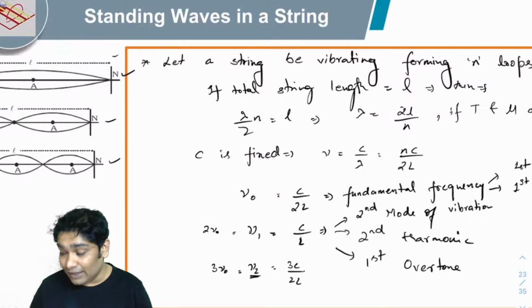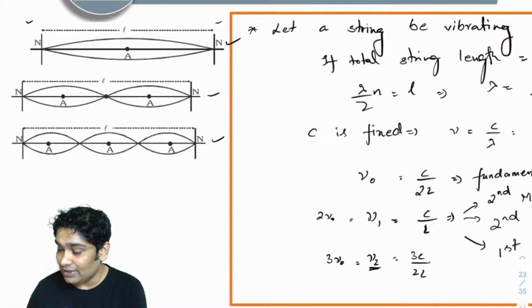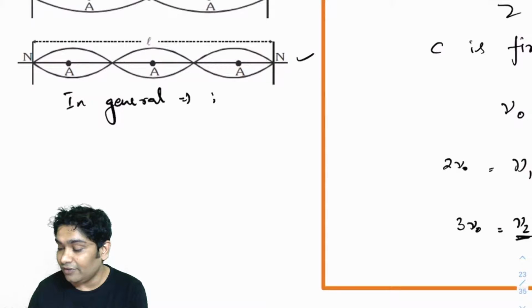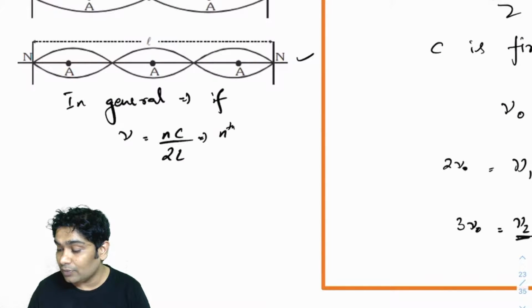So in general, let's write it down. In general, if nu is NC by 2L, then this is called the nth mode of vibration.